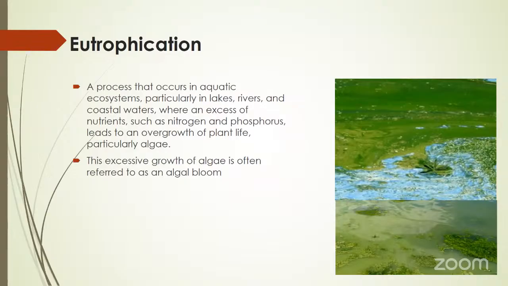This is what we refer to as eutrophication. Look at the diagram on the right, on my slide. You will not know that this is a water body because it is covered by green algae. This is as a result of excess nutrients in the water.